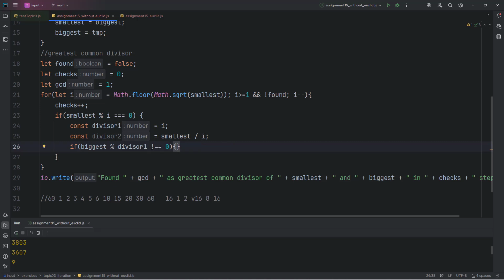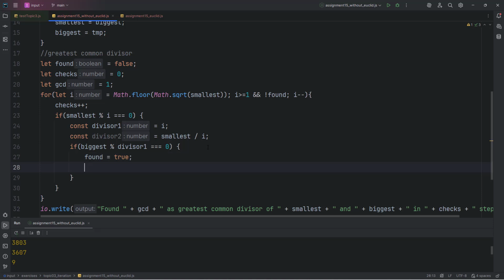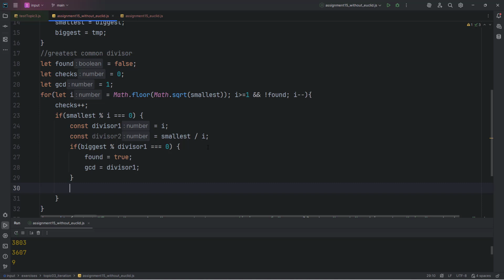Okay, so if this is 0, then I found a divisor that's also a divisor of biggest. So I can say I have found the divisor. Okay, and so I will say found is true, and the divisor will be my GCD. Okay, I also have to check the other divisor, but that's the smallest one.